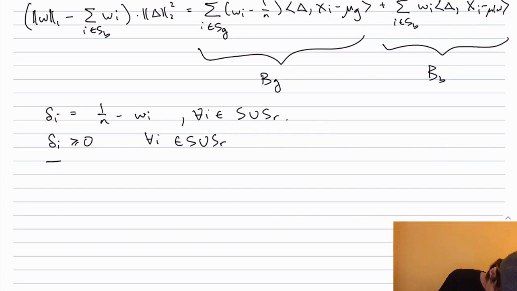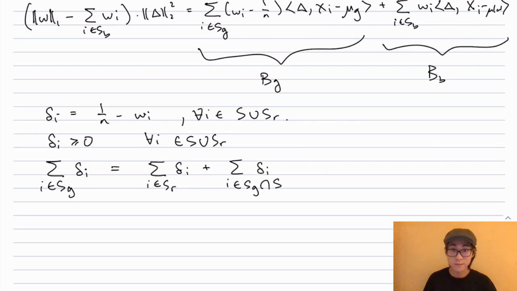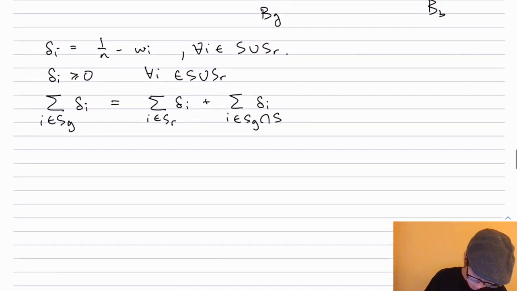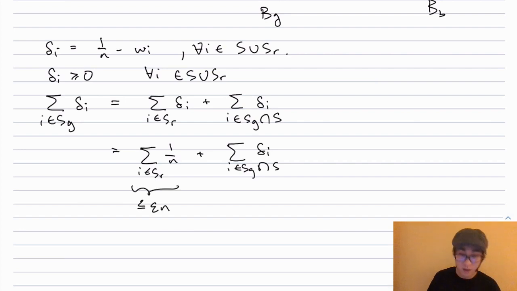There's also another nice property, which is that the sum of the delta_i for i in S sub good is relatively small, at least if epsilon is pretty small, because I can write this as the sum over i in S sub removed of delta_i plus the sum over i in S sub good intersect S of delta_i. And this is equal to the sum over i in S sub removed of 1 over n plus the sum over i in S good intersect S of delta_i. But the first is at most epsilon because the size of S removed is at most epsilon times n.